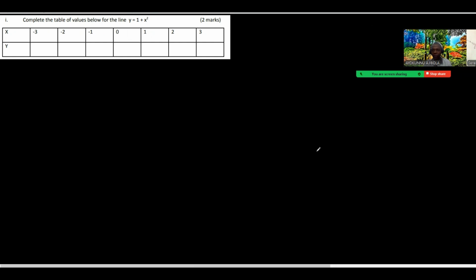Okay, good. Now we have another table entirely different from the first table, but we have another equation too, okay? So the first value of x is -3, and this time around, we have to be careful because of the negative signs and because we are going to perform a square, okay?